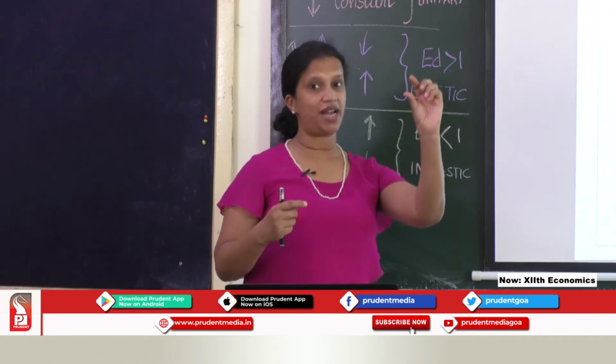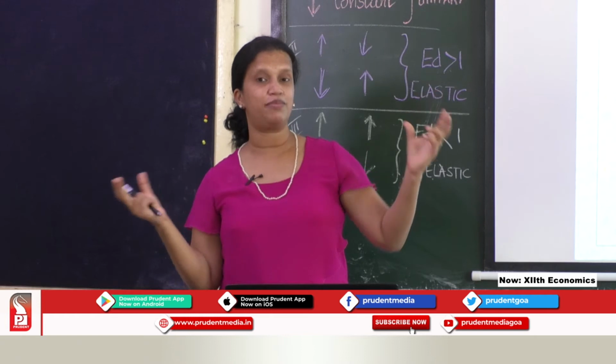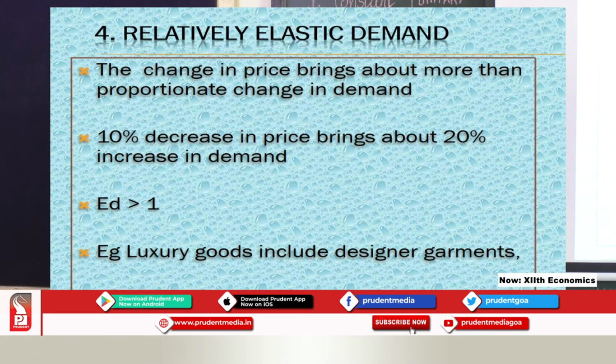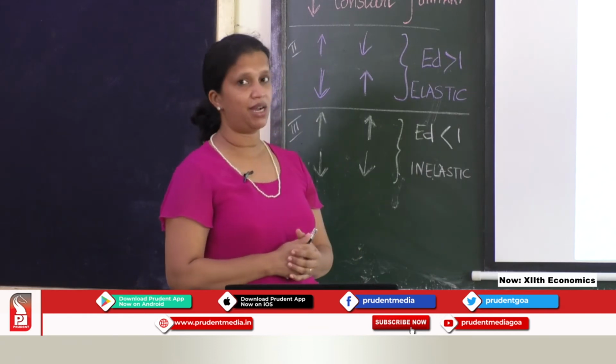But the moment the price changes a little, demand for that particular brand increases. So, also is the case of jewelry. The moment gold prices come down slightly, you have a rush for making jewelry, isn't it? Okay. So, this would be an example of relatively elastic demand. Now, what would be the shape of the demand curve?